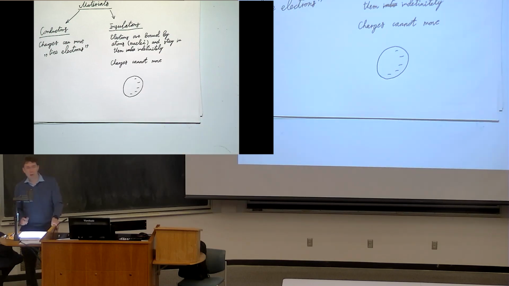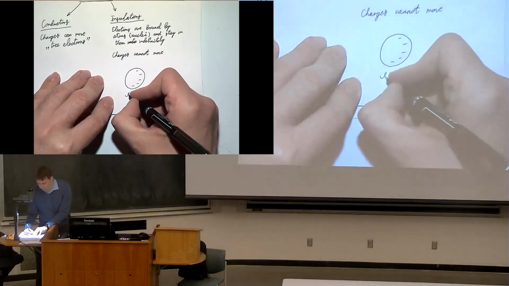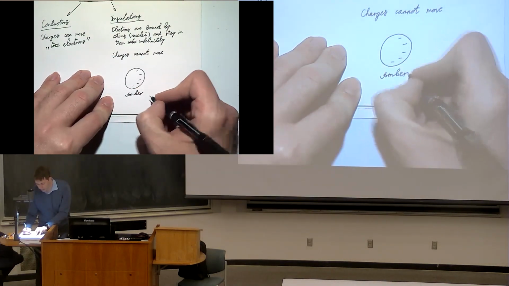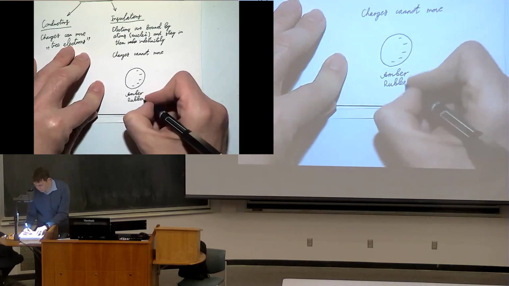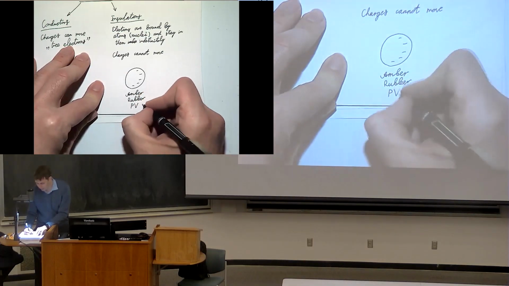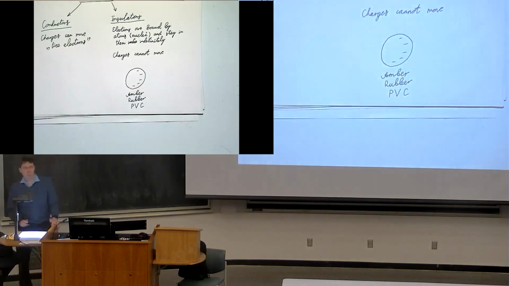They would not go anywhere, and that's true about a huge class of materials. I'll write down some examples here: amber, rubber, PVC, all the materials that are used in demonstrations of electrostatic phenomena.